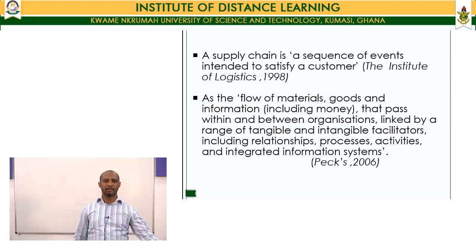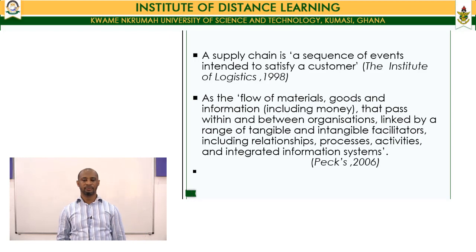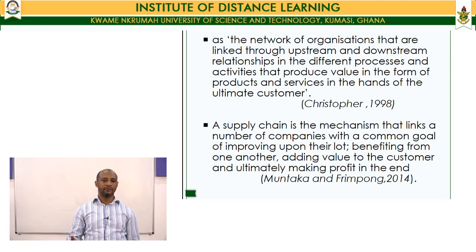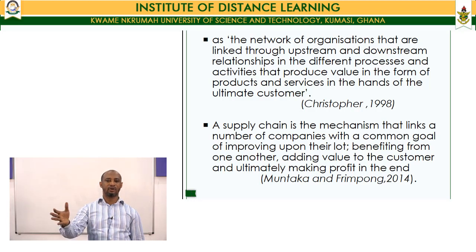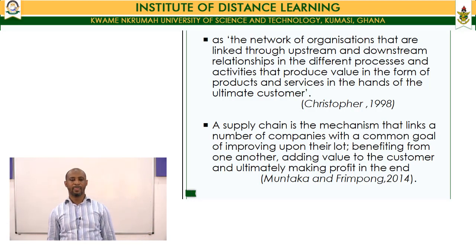That's according to Peck. This definition I have told you about is according to Peck. Christopher, in 1998, believes that the supply chain is a network of organizations that are linked through both their upstream and downstream, and the whole aim is to produce value in the name of who? The ultimate customer.